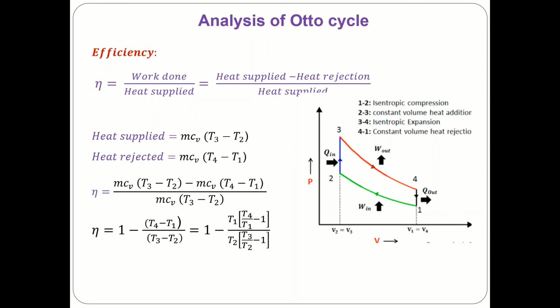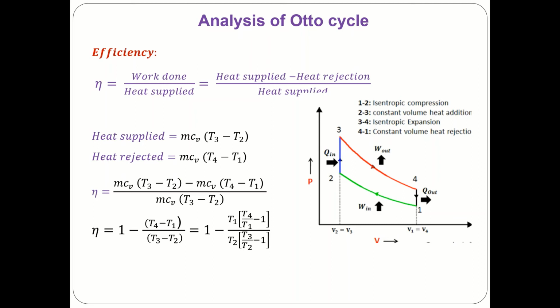Now what is heat supplied? In this case heat is supplied in process 2-3. The 2-3 process is an instantaneous process, so volume remains constant. So the heat added during this process can be given by the expression mCv into delta T, where delta T is T3 minus T2.